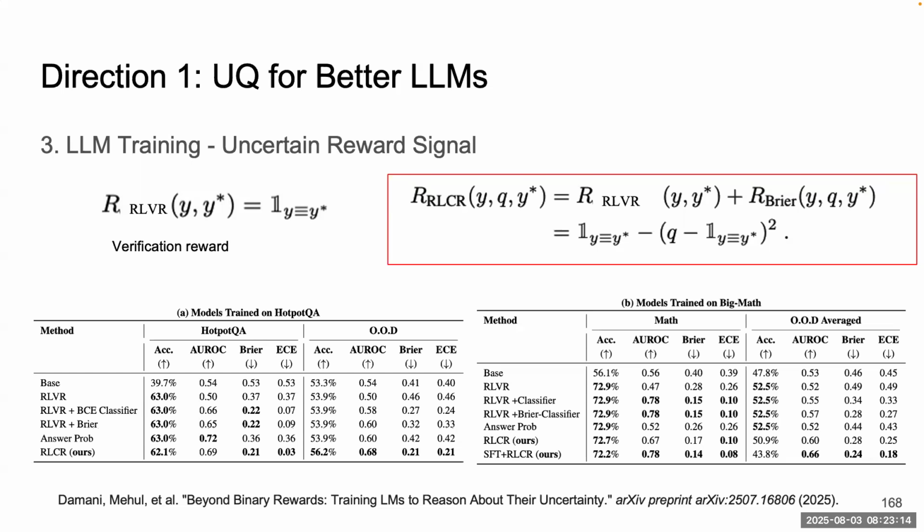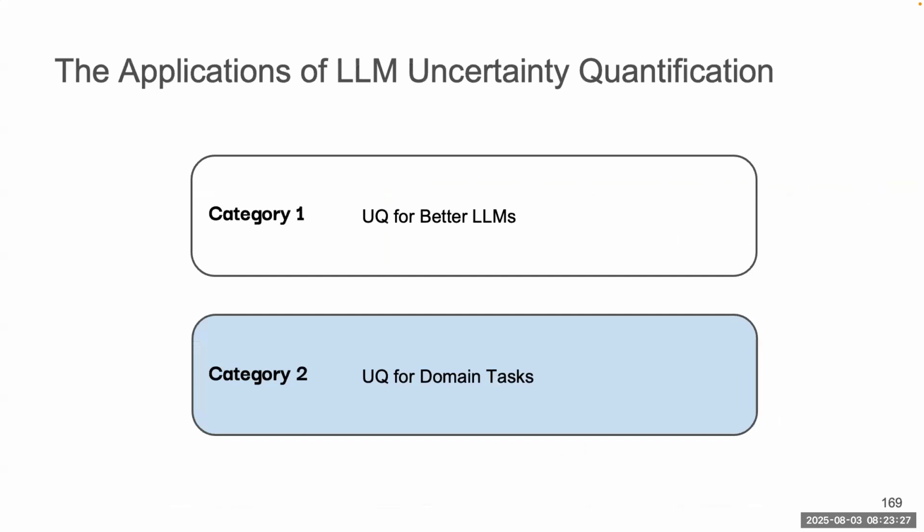Their methods show that RLCR has much better performance than the others with supervised fine-tuning. All right, so that's it for the category on using uncertainty quantification for better LMs.